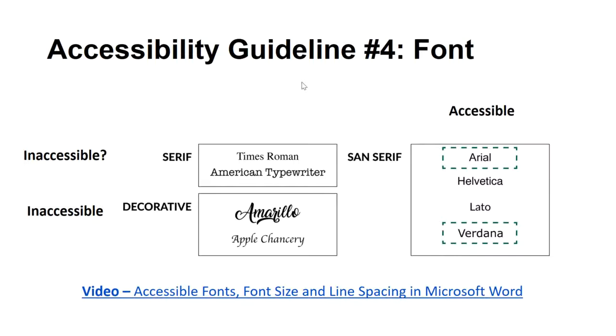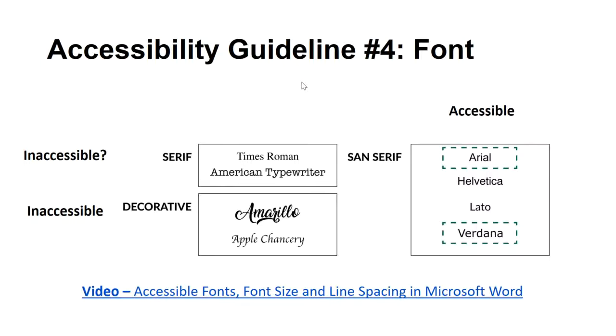And the Canadian National Institute for the Blind has identified Arial and Verdana as two of the most accessible fonts for users. There is some heated debate around serif fonts, as heated as debates about font can be, about whether or not they are considered inaccessible. Some studies say they are, some studies say they're not.